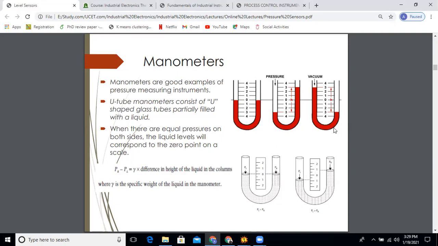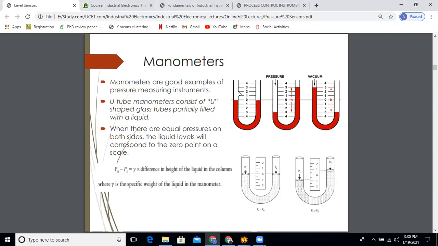But when the pressure differs, the zero point will be moved, and that height will be converted into the value of pressure, which we can easily convert by using this formula: PR minus PL is equal to gamma times the difference in the height of the liquid in the columns, where gamma is the specific weight of the liquid in the manometer.